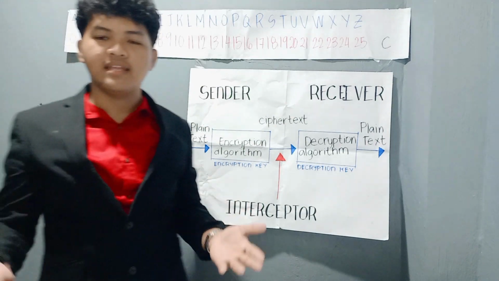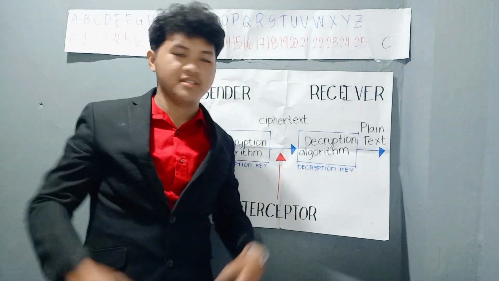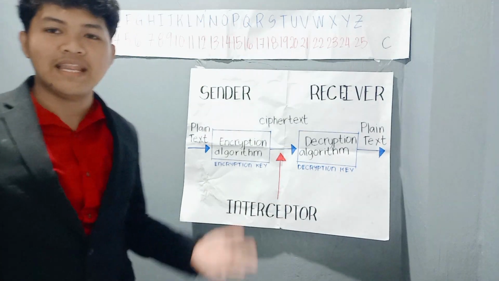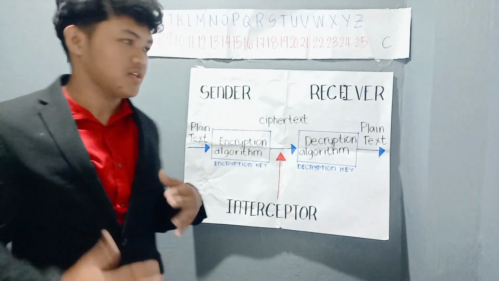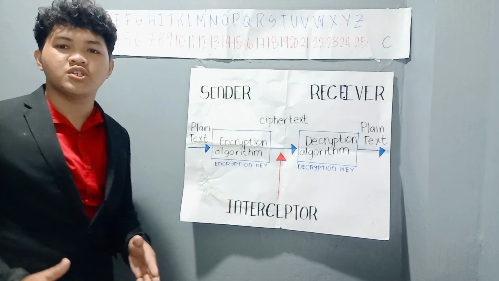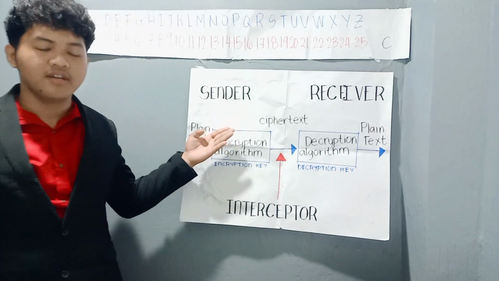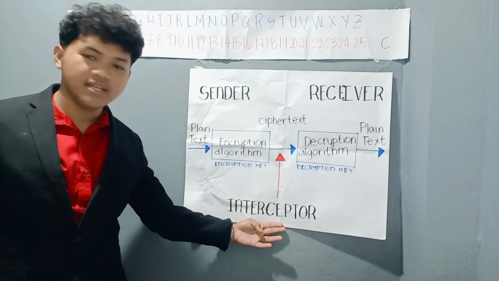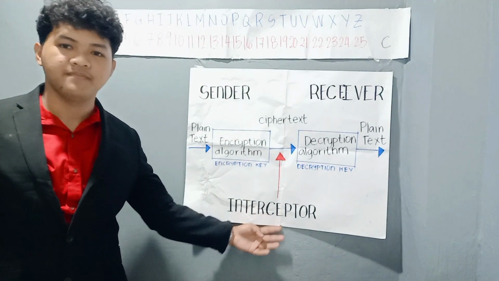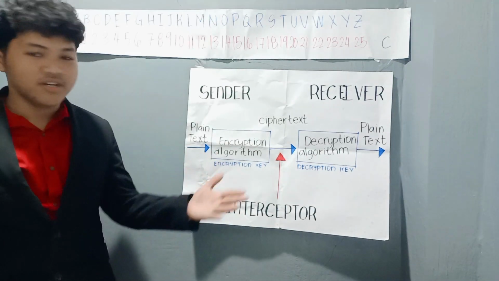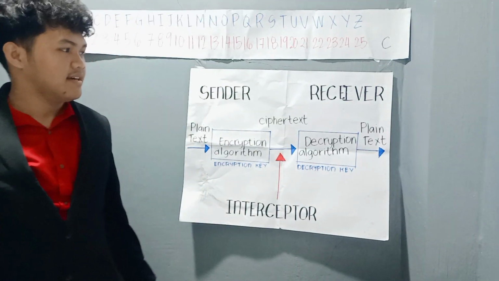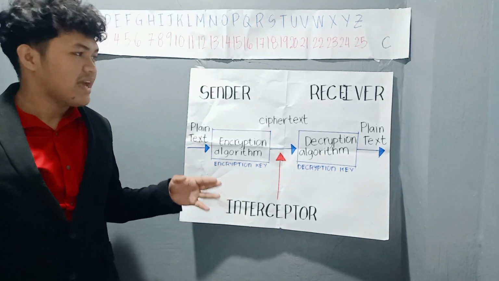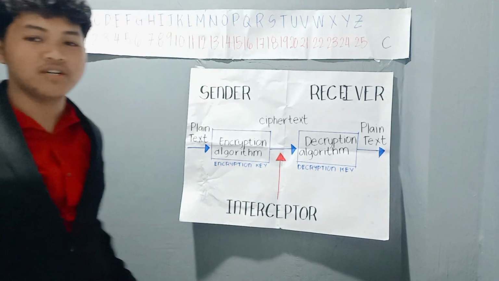Now, let's understand how cryptography works. We have here a diagram for us to easily understand it. We all know that communication consists of a sender and a receiver, but we also notice that there is an interceptor. So in order to prevent the leakage of the messages, we have to do the cryptography, or the encryption, first.